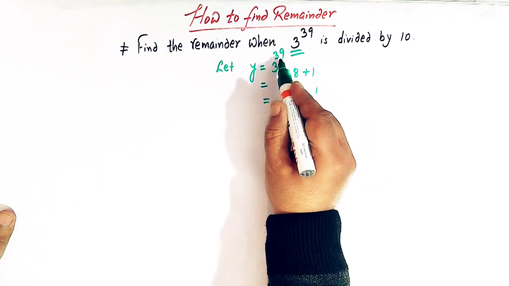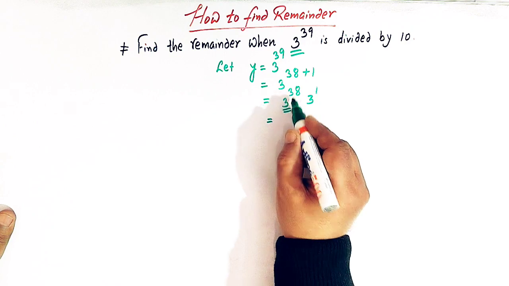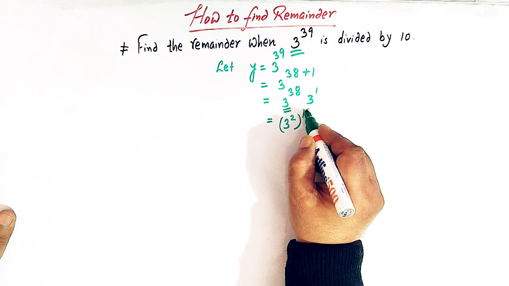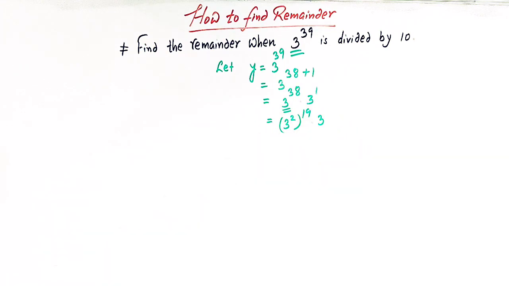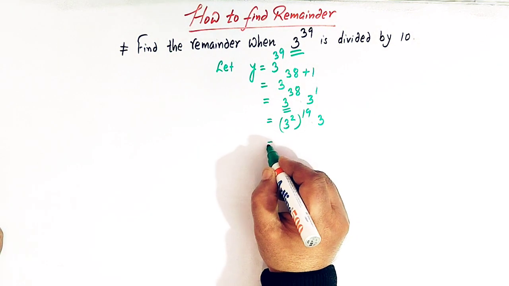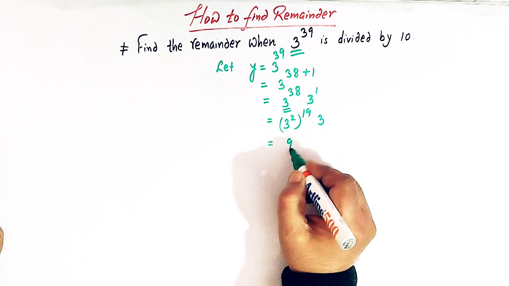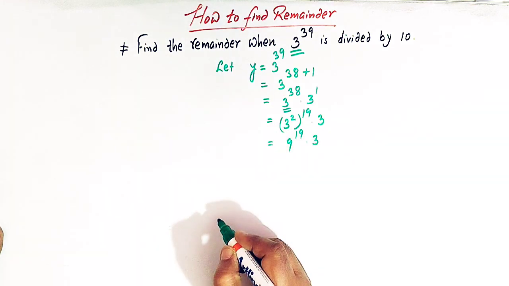Now let us write this number as 3 squared raised to 19 times 3. Now we can write 3 squared as 9, and we have 9 raised to 19 times 3.